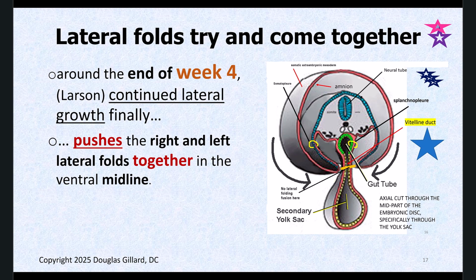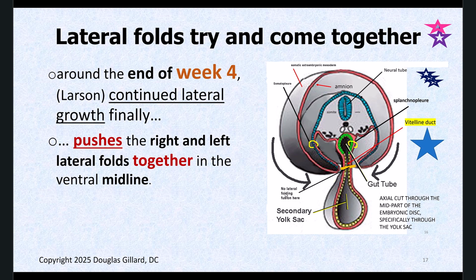This is a key point, note card point. Where in lateral folding, or you could say axial folding, where is folding incomplete? And that would be right here, where the secondary yolk sac actually gets pinched. Everywhere else, like out of the plane of the page and into the plane of the page, these levels will fuse together, but not here.